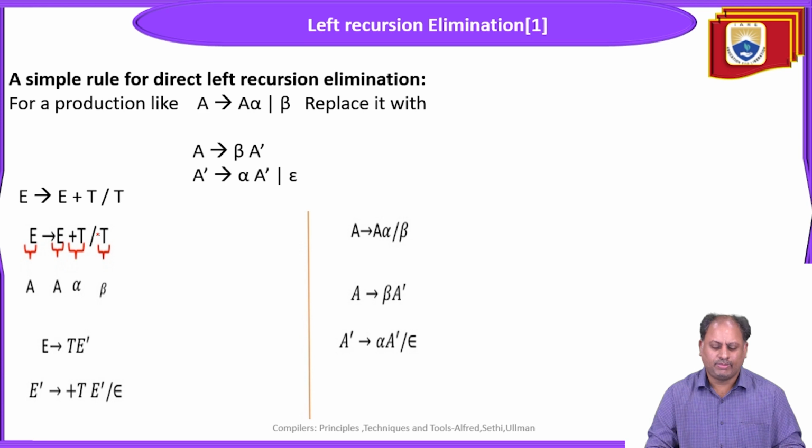How to eliminate it? By applying a simple rule: A derives beta A dash, A dash derives alpha A dash.